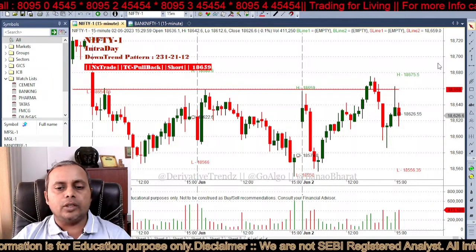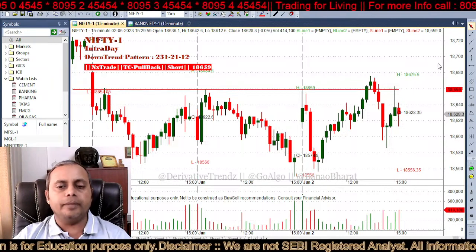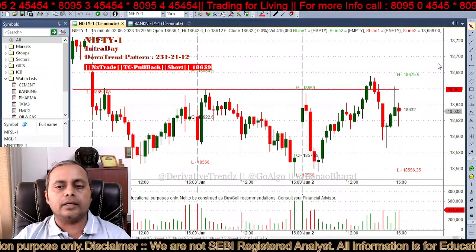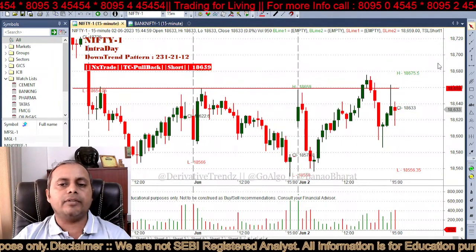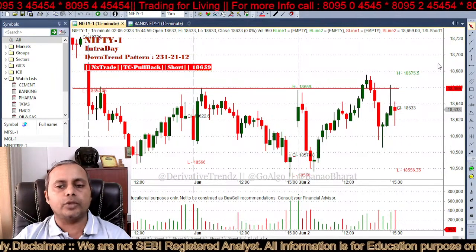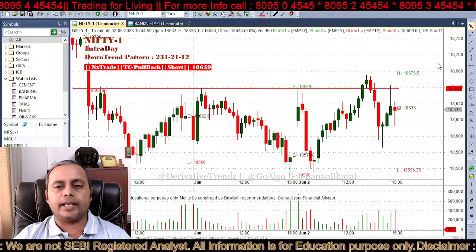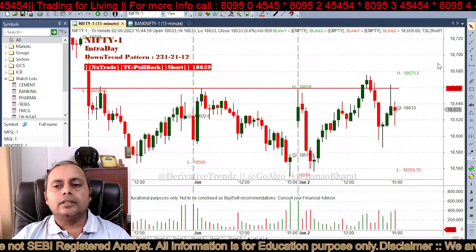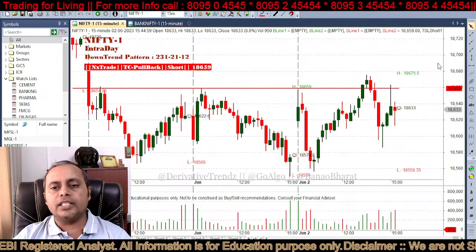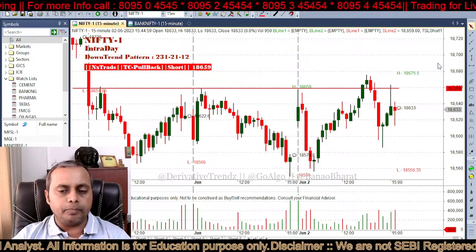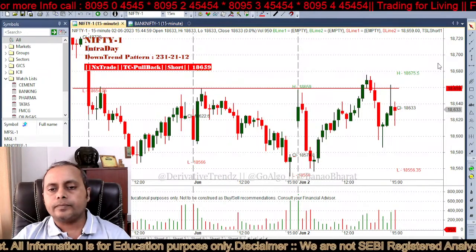So yesterday we saw the lows of 18,550. Today it opens within the range and comes down but doesn't cut yesterday's level. After that it tries to bounce back and goes up to yesterday's high. Again it faces the resistance there and comes back, again closes within the range of 18,650 to 18,550. So this is the range Nifty has been playing today.